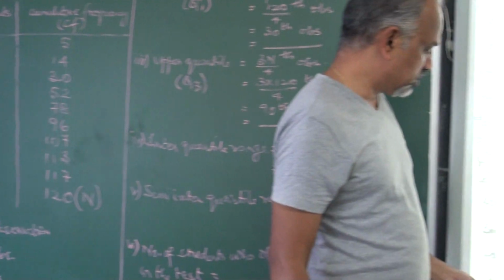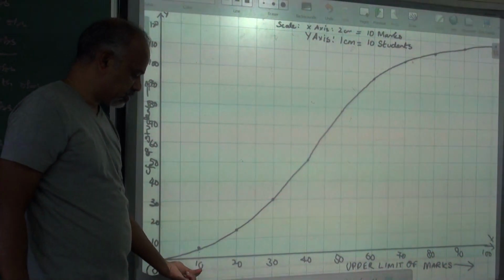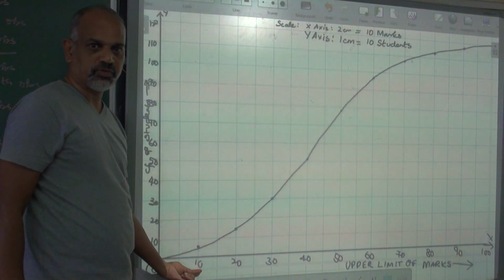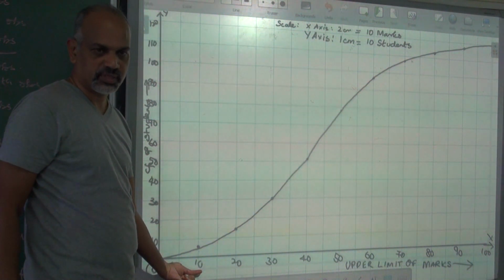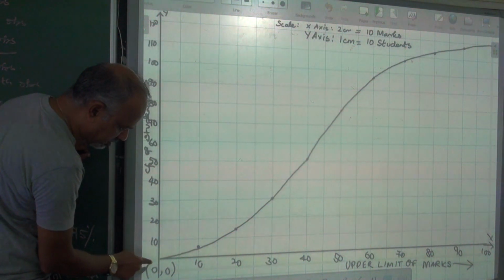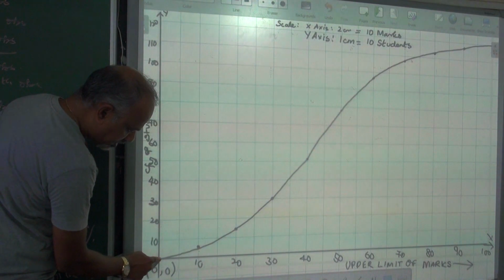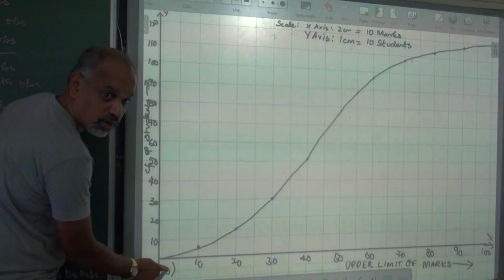So coming to the x-axis, first value is 10. The first upper limit was 10, and for that the cumulative frequency was 5. Cumulative frequency is this side, so you have to get 5. Before that, this point is the meeting point of the x-axis and the y-axis. You also have to write their coordinates.